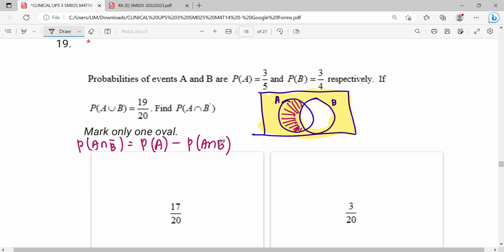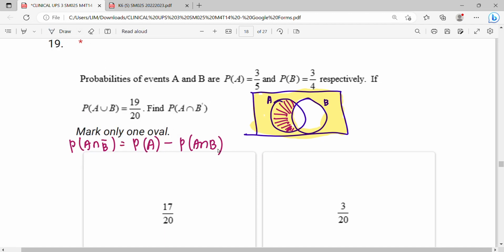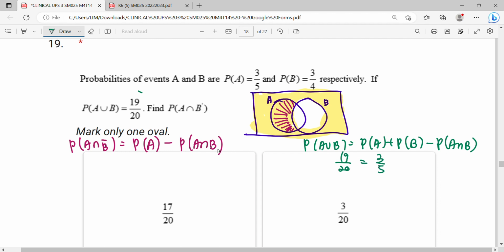Then we have to figure out what our A intersect B is. So using the values, these are given. Probability A union B is probability A plus probability B minus A intersect B. So all these values are given. Find out A intersect B. So what is the intersect B here?